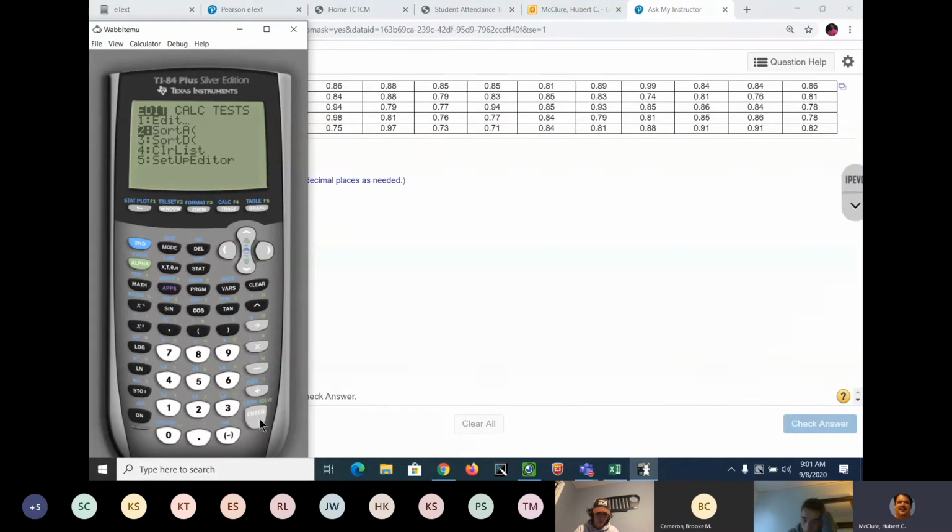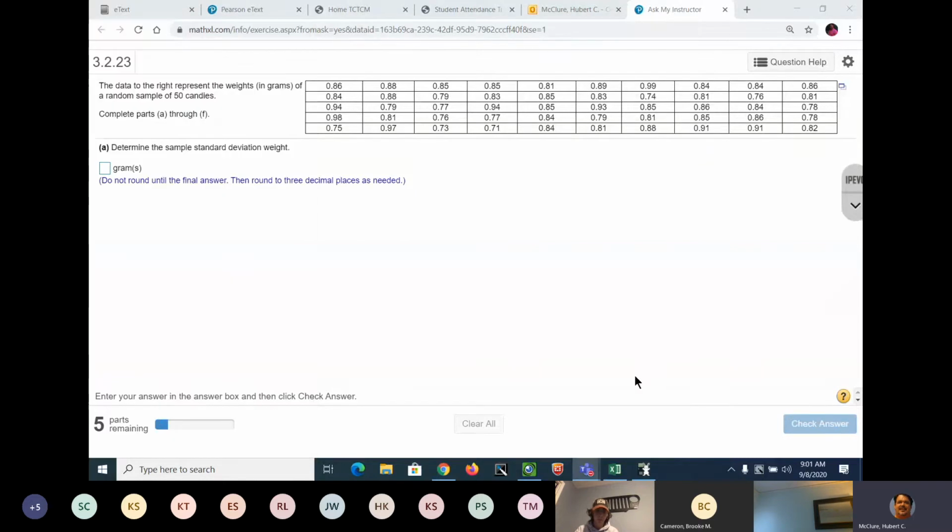And then it's going to ask you, you type second L1 because you're in L1, and then hit enter. And then go back to look at the edit, and it should be in order.